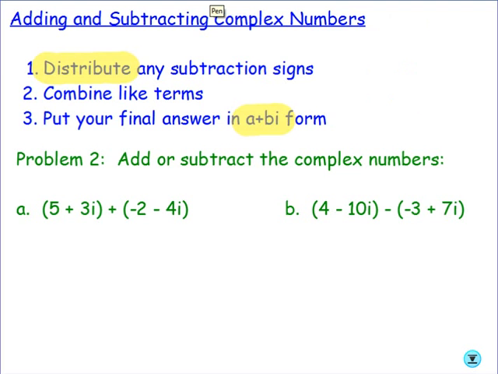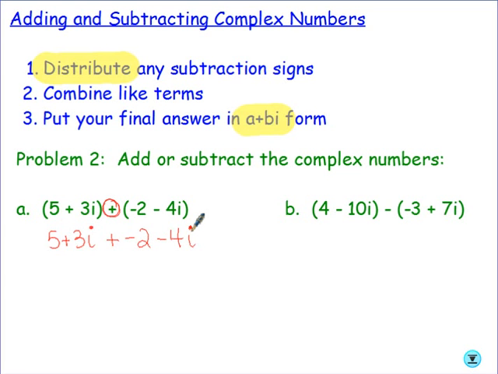So let's look at this first problem. This is an addition problem. There is no subtraction signs to distribute, so I'm going to keep it as 5 plus 3i plus negative 2 minus 4i.